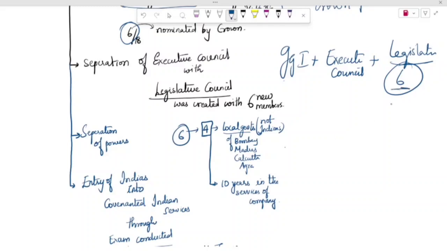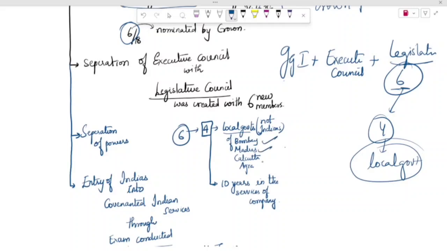Of the 6 new members in the Legislative Council, there will be 4 members from the local governments. Local government means not Indian governments, not Indians. It will be from the Bombay Presidency, Madras Presidency, Calcutta Presidency and Agra Presidency, one from each presidency. To be nominated for this post, the member should have worked for 10 years in the service of the company.